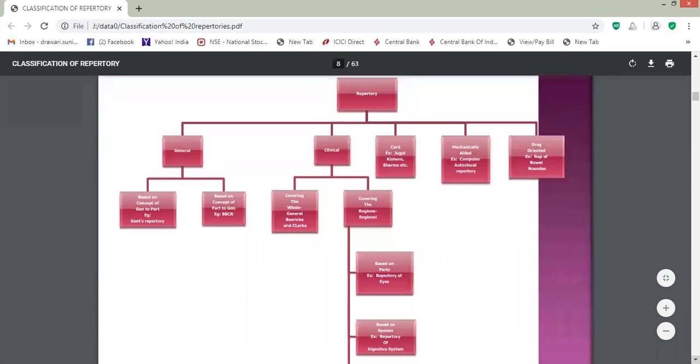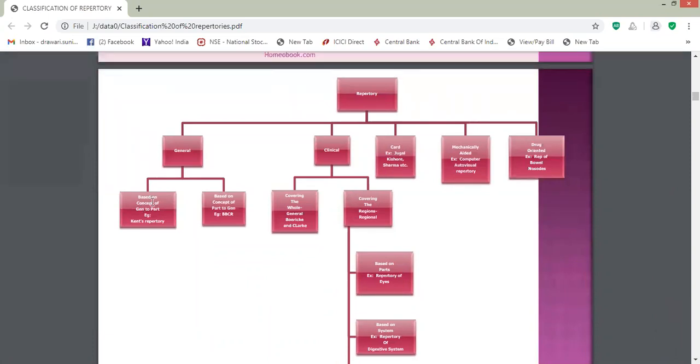The repertory is classified into general repertory, then clinical, then card repertory, mechanically aided repertory, and drug oriented repertory. The general repertory is again classified into two subgroups: repertories based on the concept of general to particular, and repertories based on the concept of particular to general.